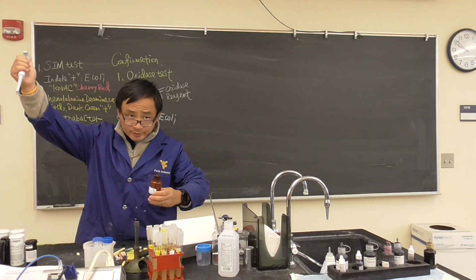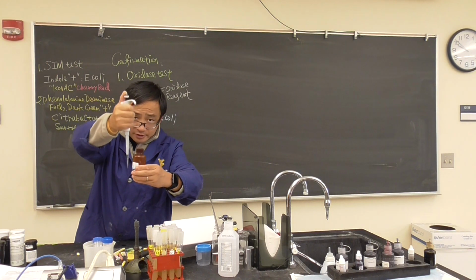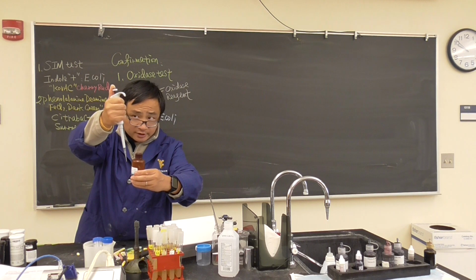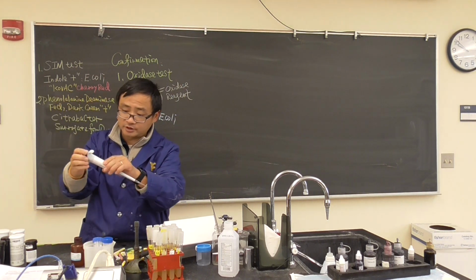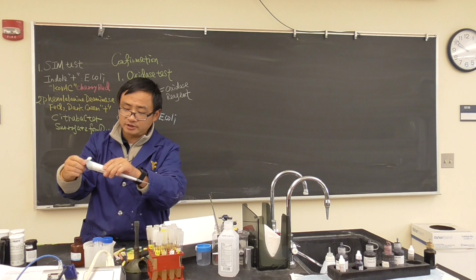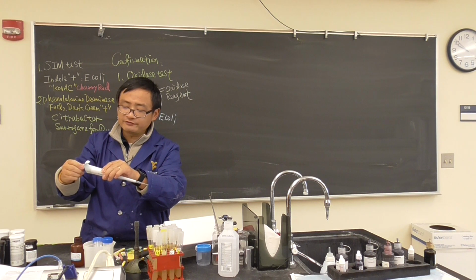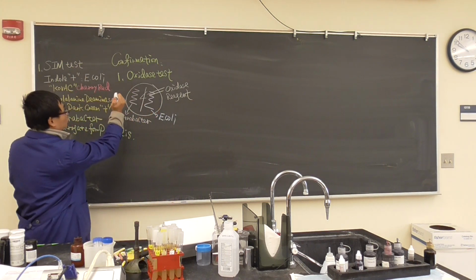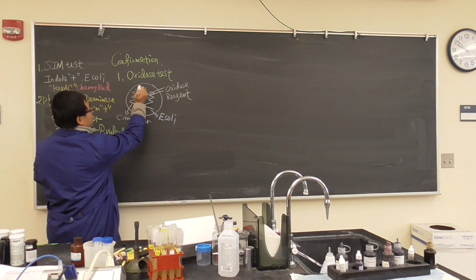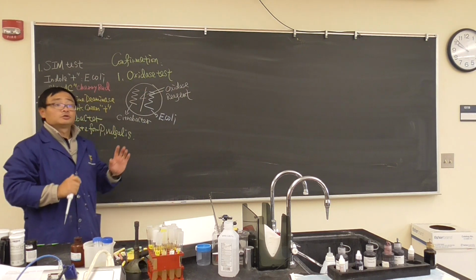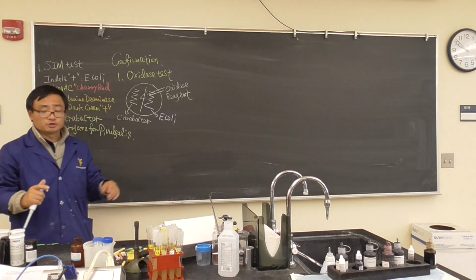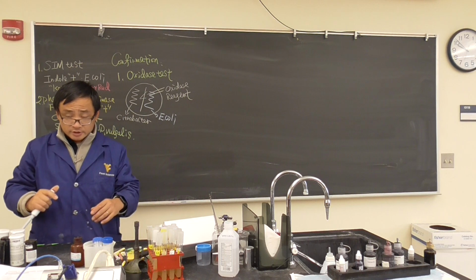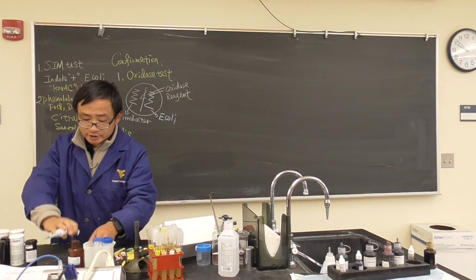I have a pipette prepared for you. When you go inside, absorb a little bit, a tiny little bit. It doesn't have to be 100 microliter, okay? Tiny little bit, even like 5 microliter is good enough. Add onto the smear there to see which one shows you purple color. The side showing purple color is positive.